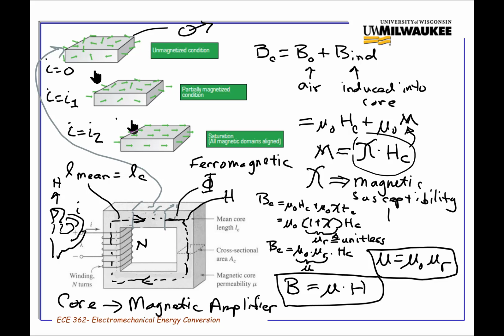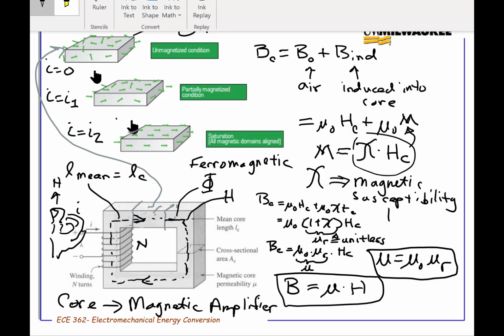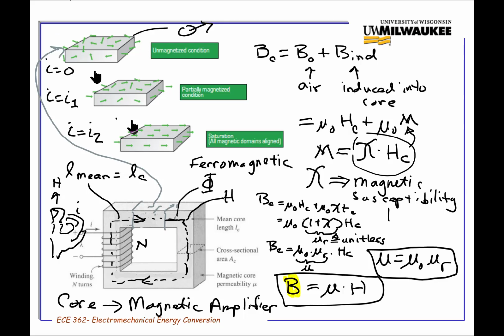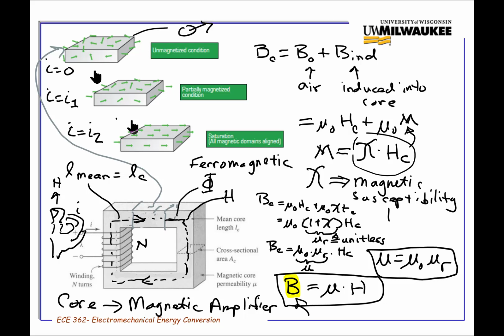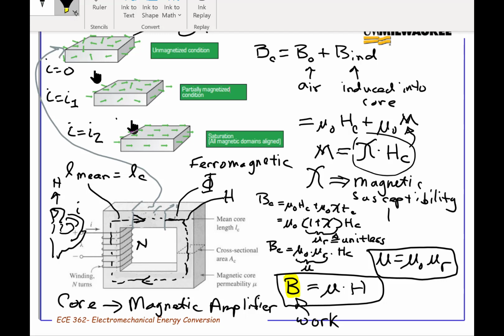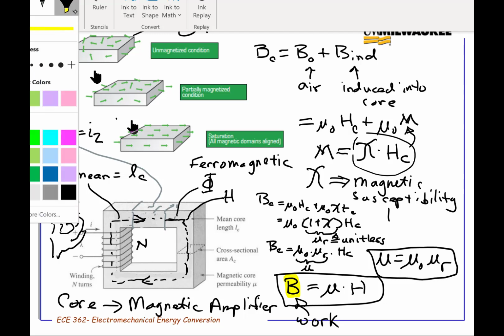What you're going to learn in this class is that we're trying to use electromagnetics to do work for us. The B is the work. That's what you're getting out of it. And the H is what you're putting into it, the current.